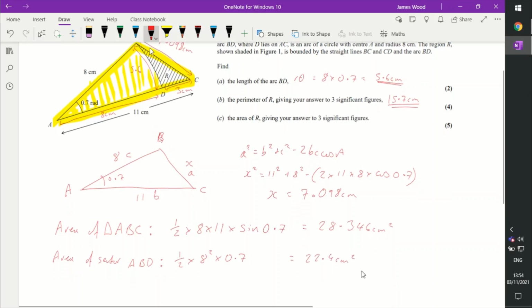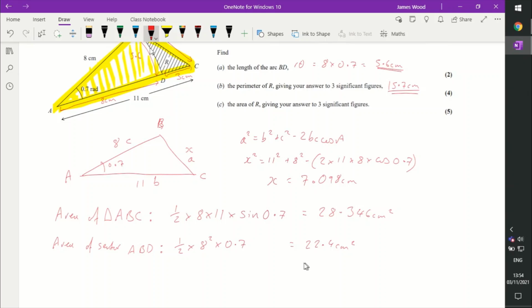So then the shaded bit is obviously going to be the difference between the two. So 28.346 minus 22.4. That gives me 5.946. This is to three significant figures, so I guess it's going to be 5.95. There we go.